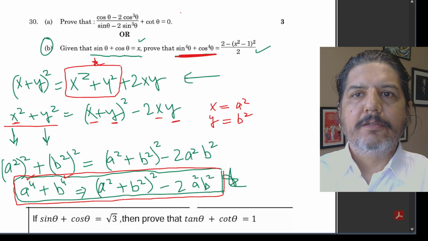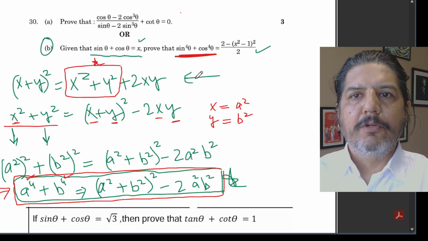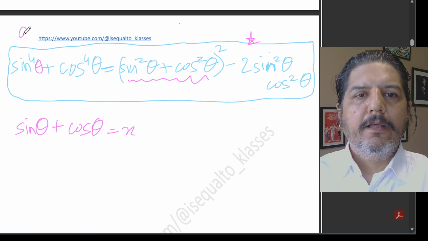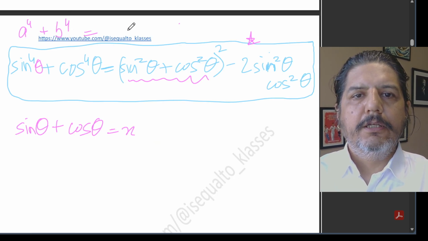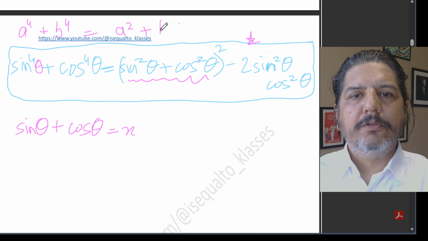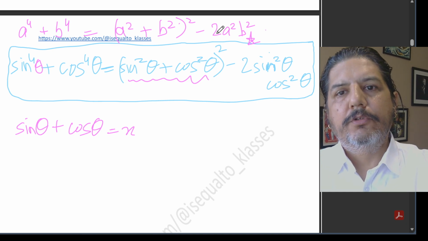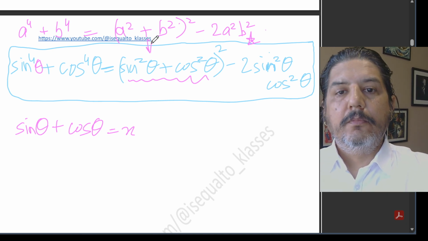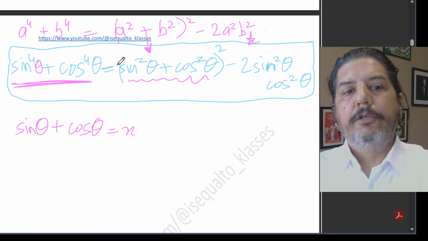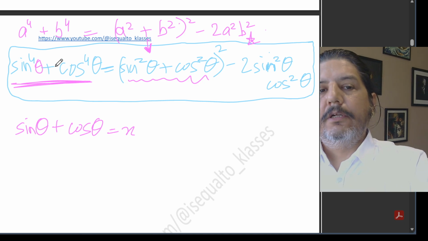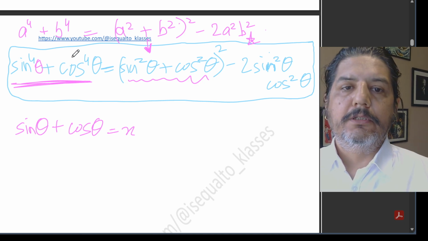I got this result by using this expansion, that a^4 plus b^4 equals (a square plus b square) whole square minus 2a square b square. This is the expansion I'll be using when I have to understand what exactly is equal to sin^4 theta plus cos^4 theta.